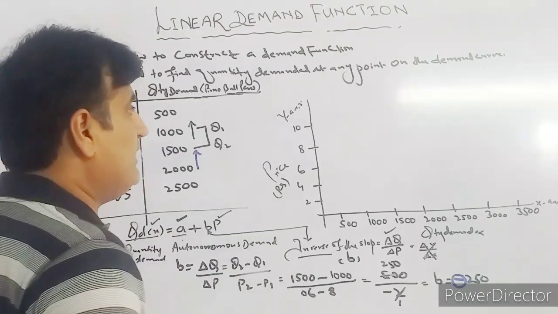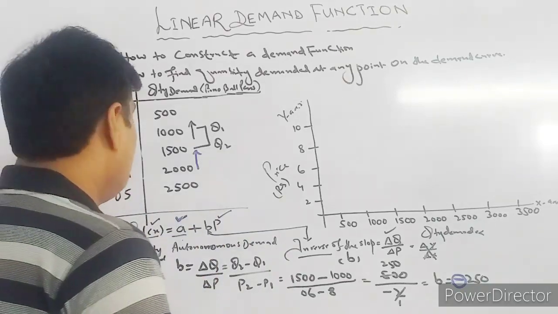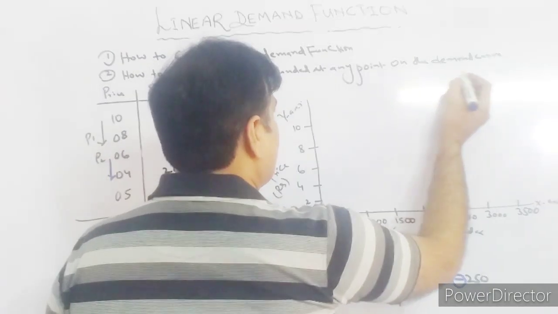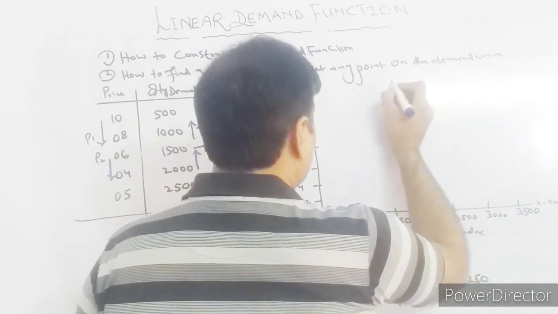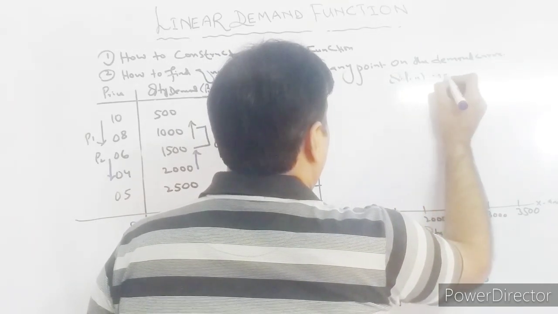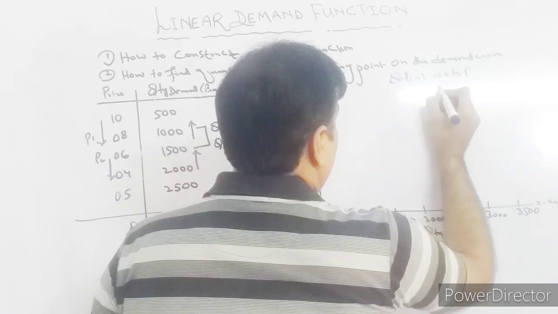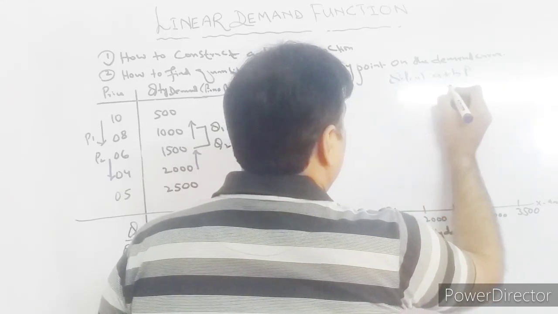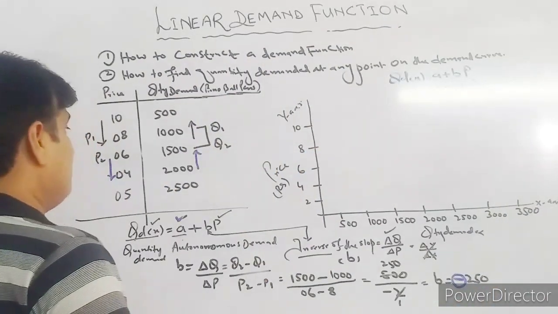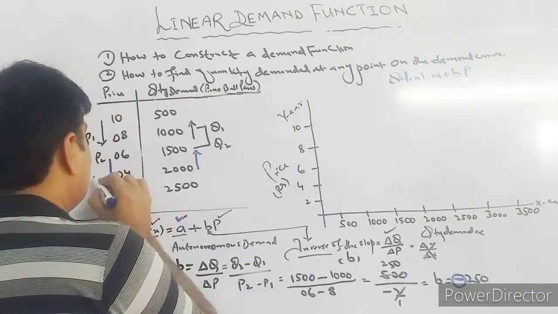And now we have to find the alpha. Alpha, or A, can be found by plugging this beta value into the equation. Quantity demanded of X is equal to A plus BP. A we don't know, we have to find it, and B, as we have found, is minus 250, and P, for example, the price is 4.